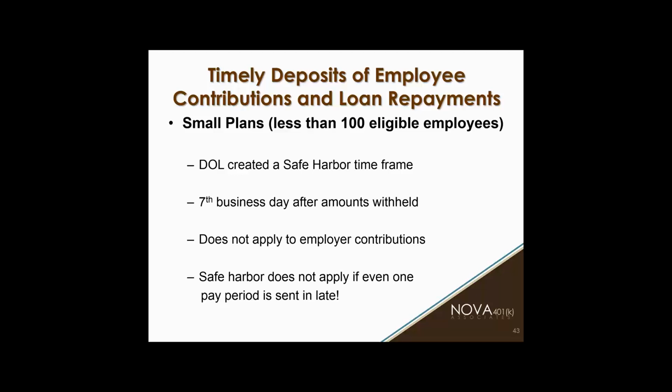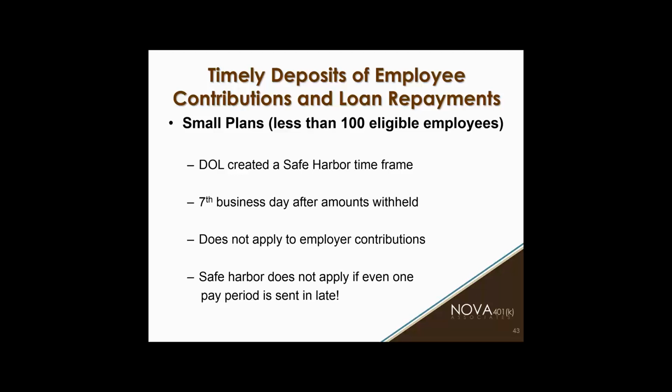The bad thing is here, the cost of the correction is more than what you normally are going to have to pay, because what happens is if they're late, you as a company have to pay a certain amount of interest back to the employees in the plan. And typically that interest isn't that much, you know, if something isn't really, really late.